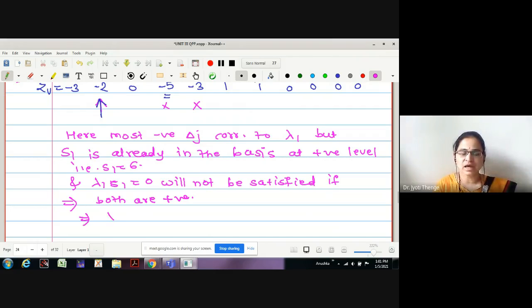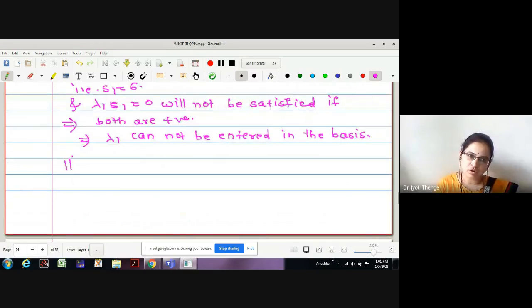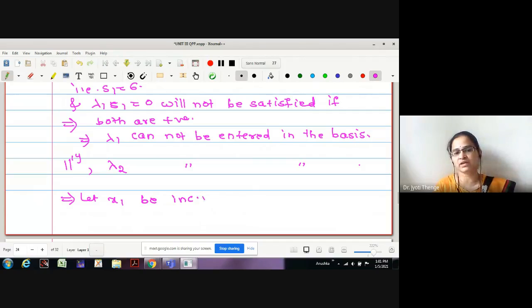This implies lambda 1 cannot be entered in the basis. Similarly, with a similar reasoning, lambda 2 also cannot be entered in the basis. Therefore, let x1 be incoming. Next negative net evaluation we have taken care of.